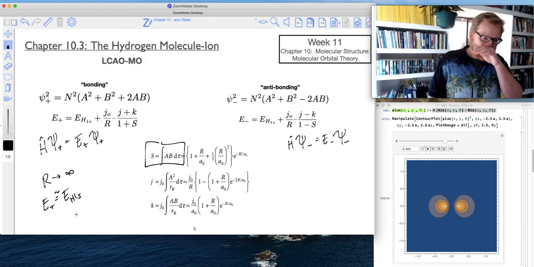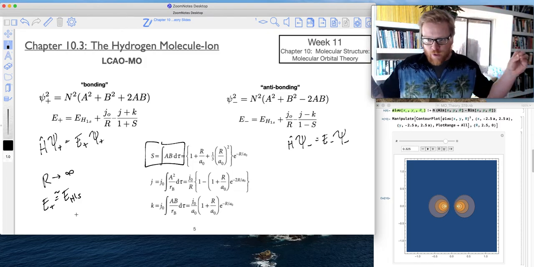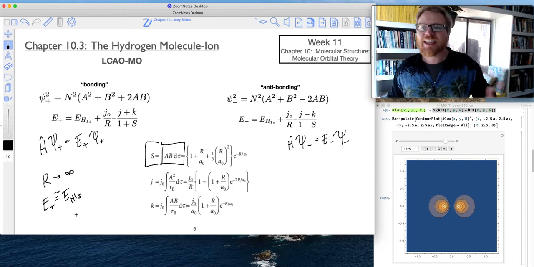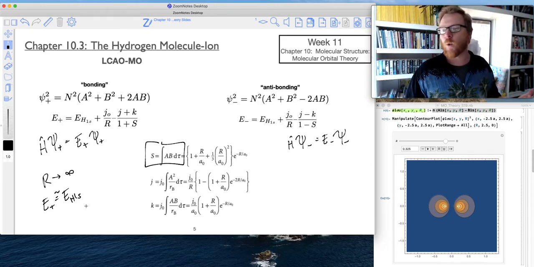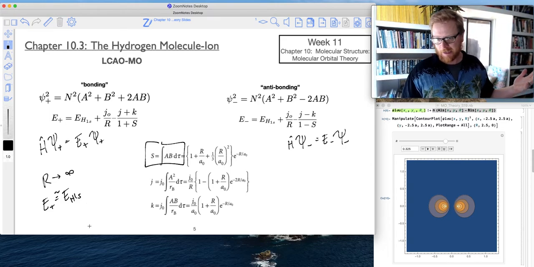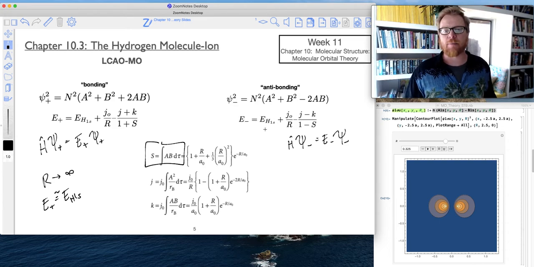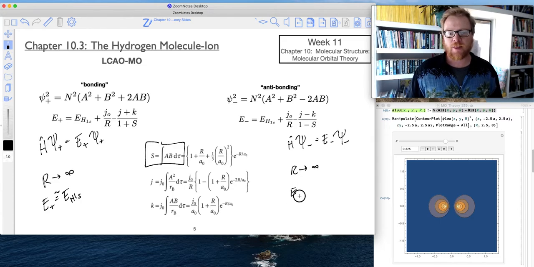So in other words, when the two nuclei are really far apart from each other, we just get back the original hydrogen 1s energy, which is a good thing, right? And you can see on the antibonding, it goes the same way. As R approaches infinity, then E minus is approximately approaching the E H 1s, just the atomic energy, okay?